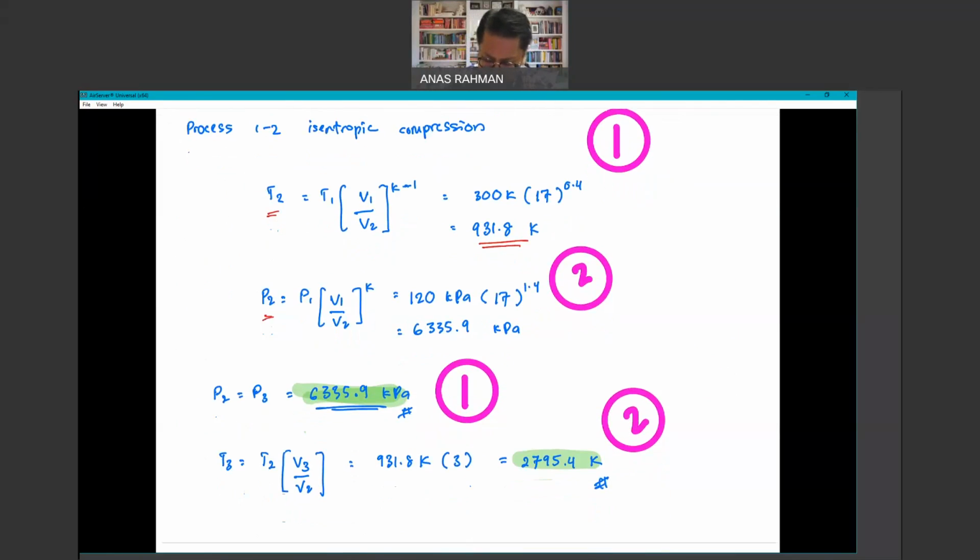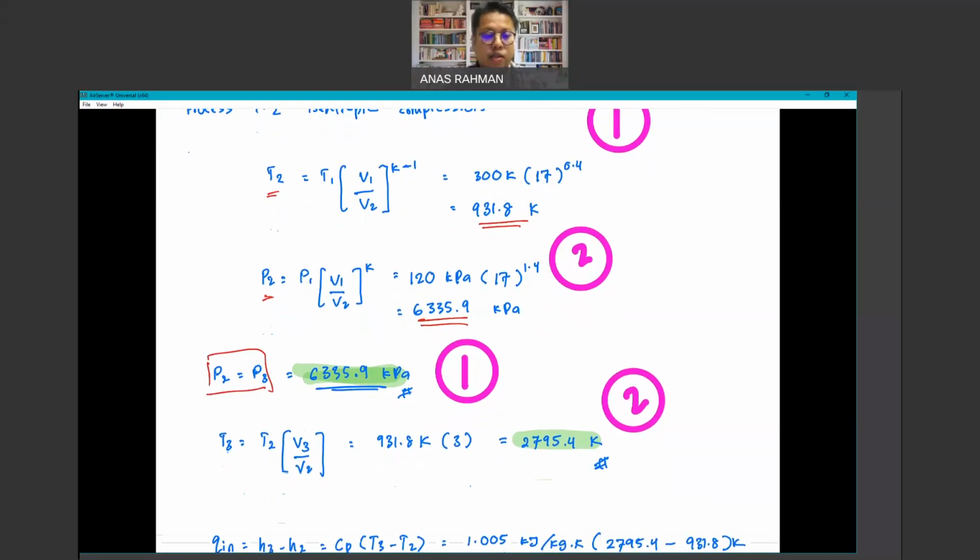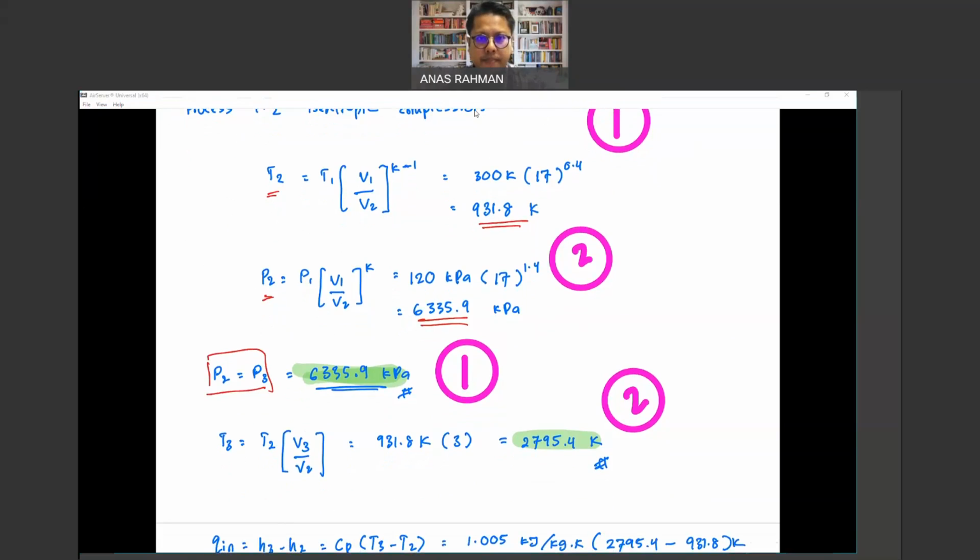P2, you get about 6,000 kilopascal. But from the diagram, you know that P2 equals P3, so the answer should be the same as P2, which is 6,300 something. So just by using two equations, you have already solved half of the question.